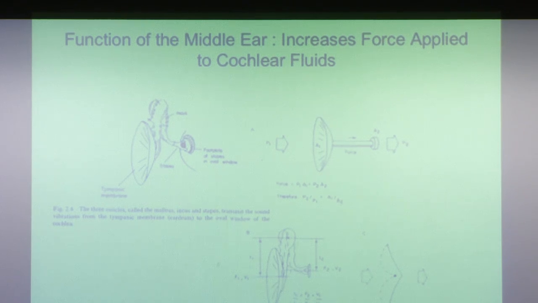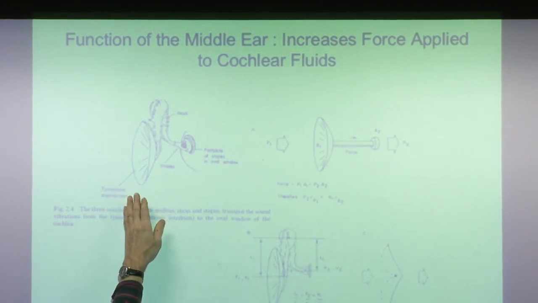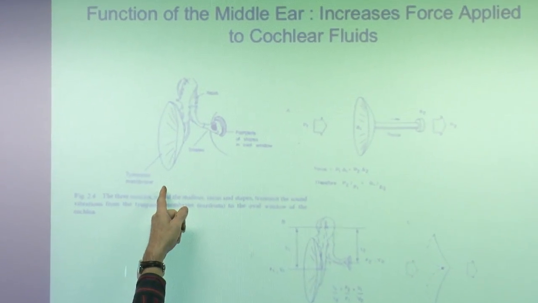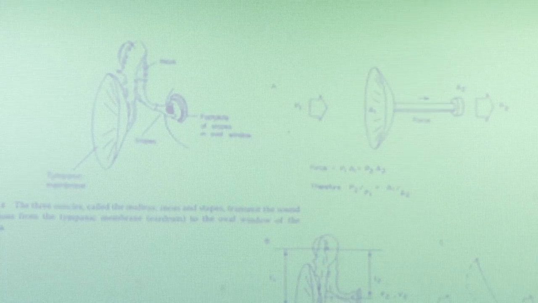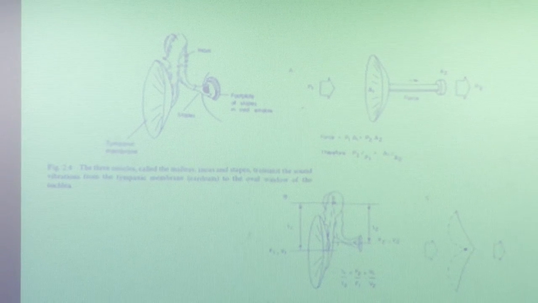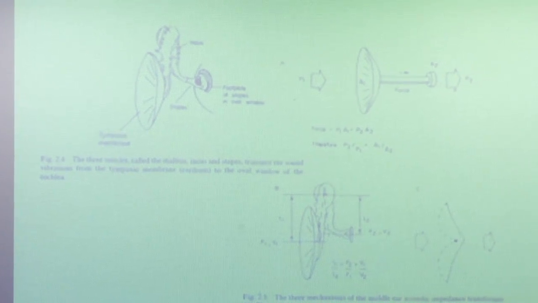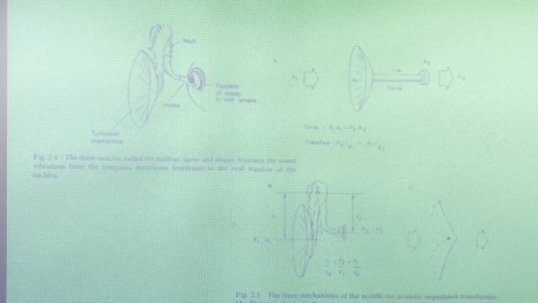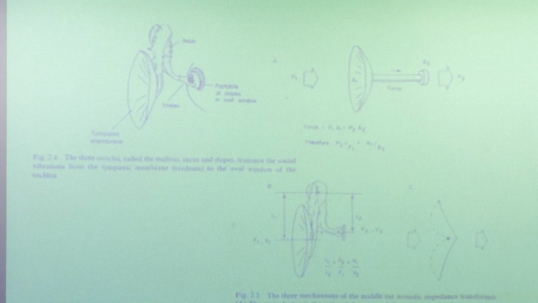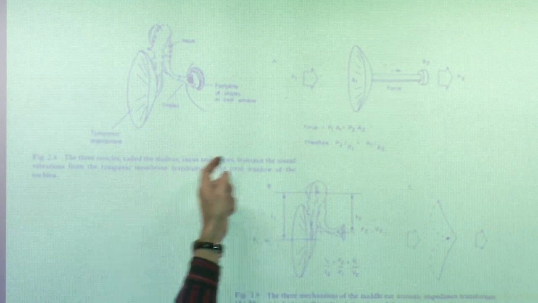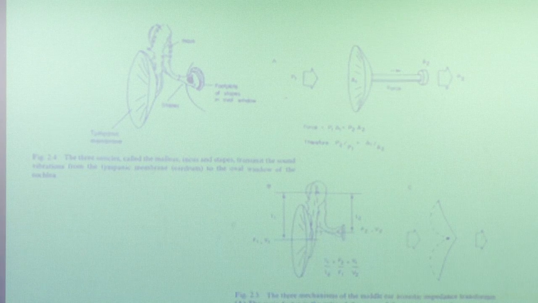There's a formula here: P1 A1, the pressure and area at the tympanic membrane, equals P2 A2, the same characteristics at the stapes footplate. So when you decrease the area a lot, where A2 goes way down, P2 has to go way up. That's the main way that the middle ear allows sound in air to go into sound in fluid.